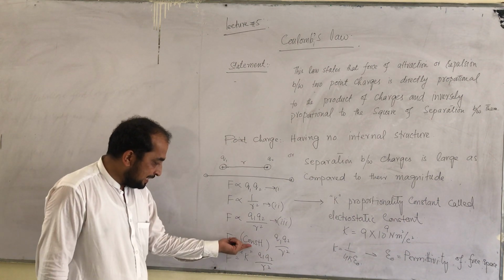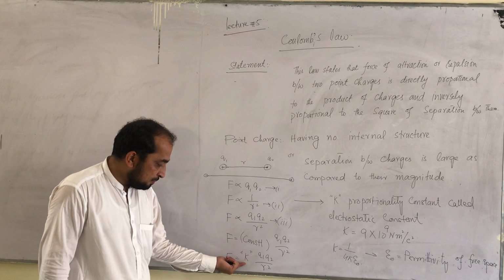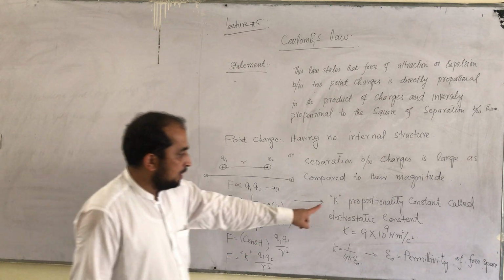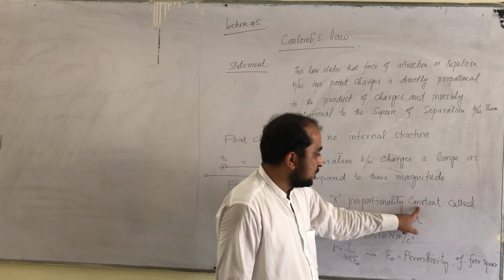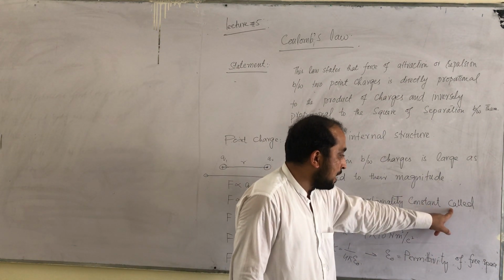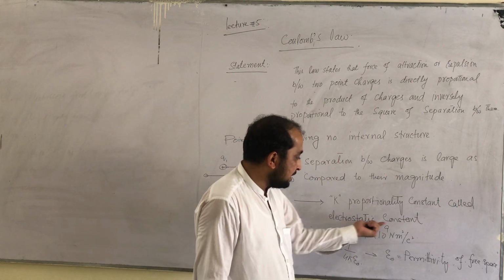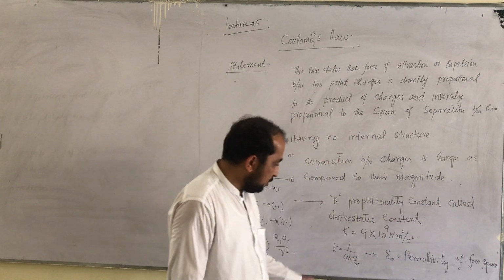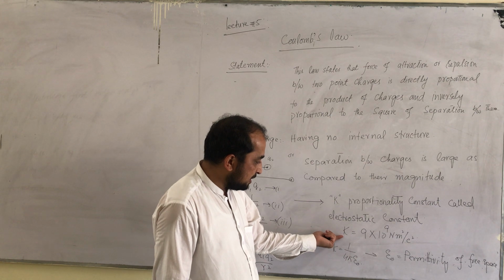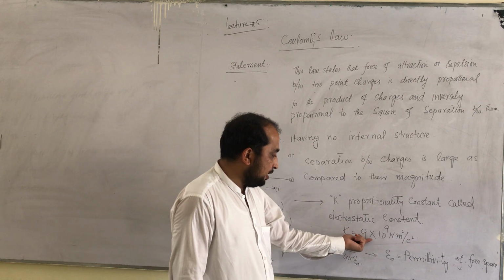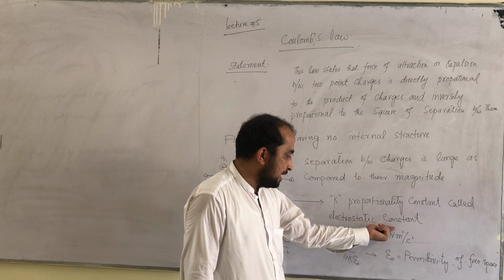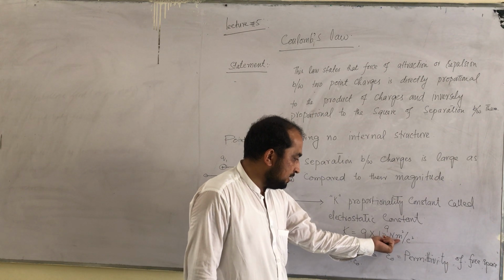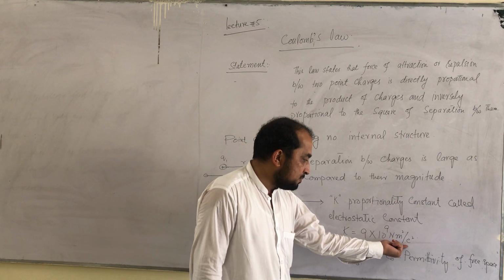Here the proportionality constant is represented by K. K is the proportionality constant and it is called the electrostatic constant. And the value of this electrostatic constant K is 9 into 10 raised to power 9 Newton meter square per coulomb square.